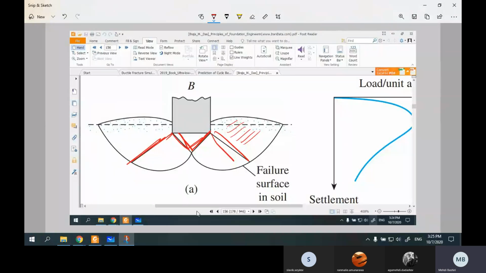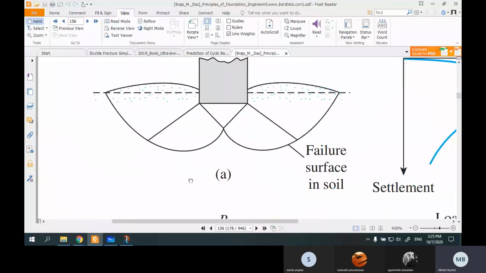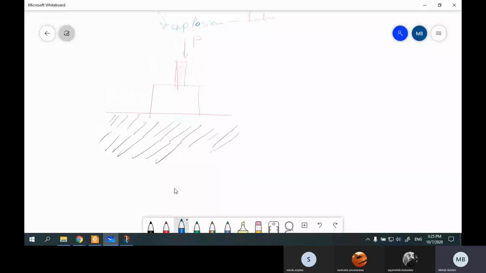So if the capacity of the soil is, for example, 10 tons, and you apply 12 tons below this foundation, you see something like this.